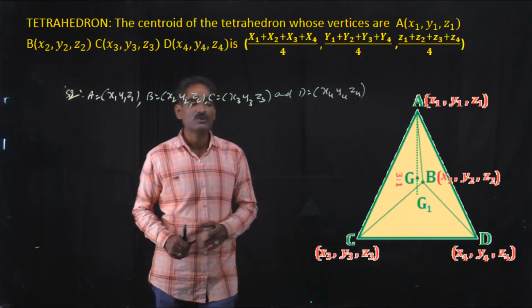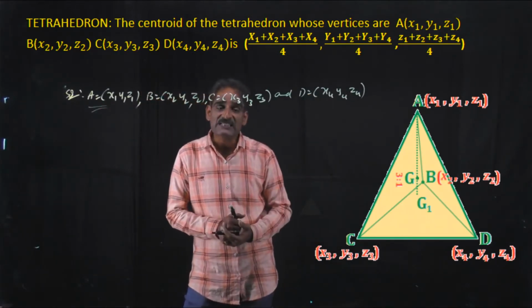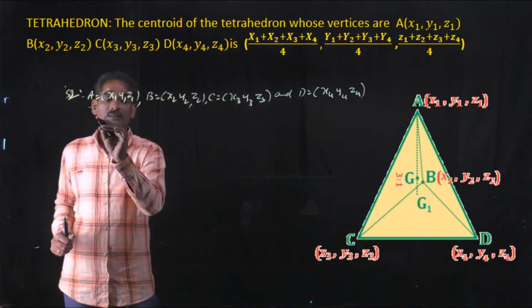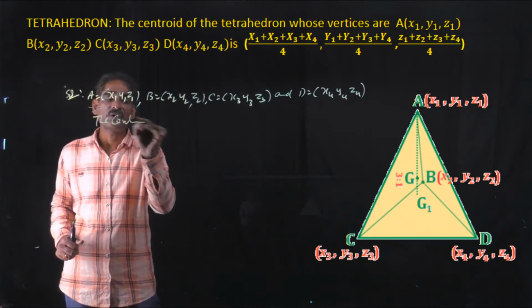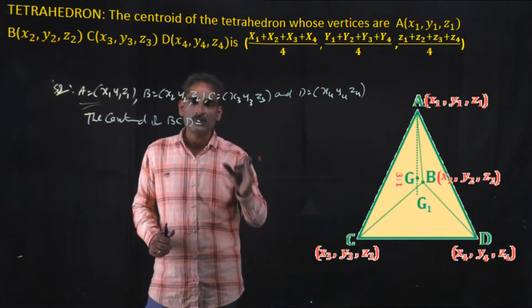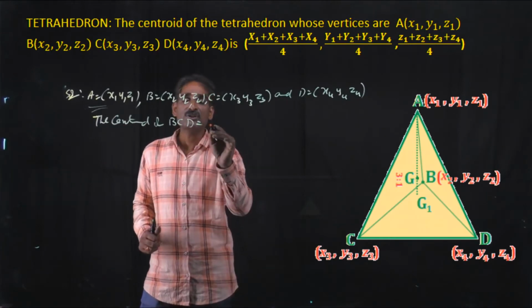If A is one vertex, what is the opposite face? BCD is the opposite face. So we have to find the centroid of BCD.